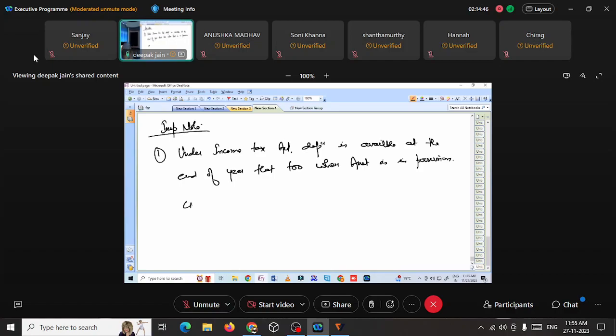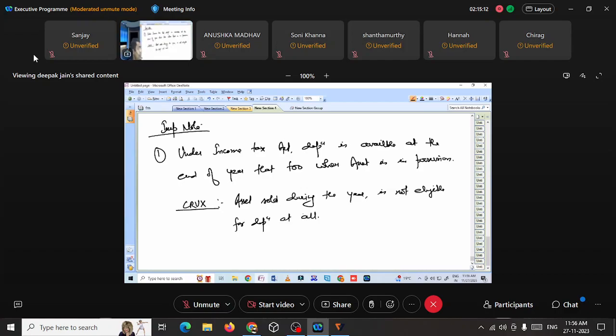So crux: asset sold during the year is not eligible for depreciation at all. इनकम टैक्स बेटा डेप्रिसिएशन ईयर एंड पे देता है, वो भी असेट आपके पास जब इन पोजेशन हो. 1st April purchased, 31st December sold out, no depreciation would be available.